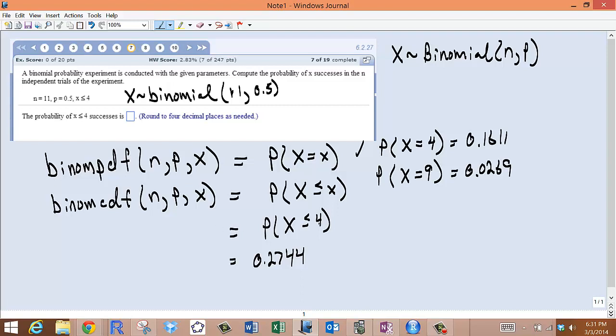Now essentially what this CDF does is it adds up the probability all the way from x equals 0 up to x equals 4.